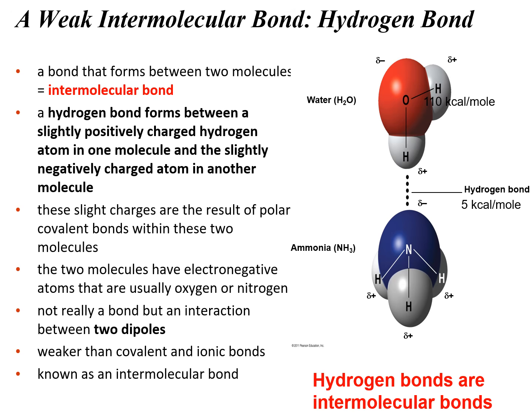So in these electronegative atom containing molecules, for lack of a better phrase, there are positively and negatively charged ends. A hydrogen bond forms between the slightly positive end of one electronegative compound and the slightly negative end of another electronegative compound. So it's not really a bond, actually, but an interaction between two dipoles, between the slightly positively charged hydrogen and a slightly negatively charged atom in another molecule.